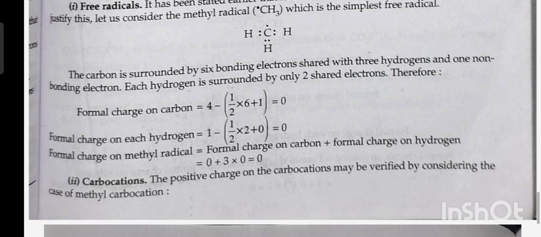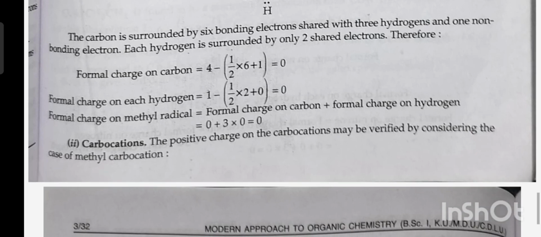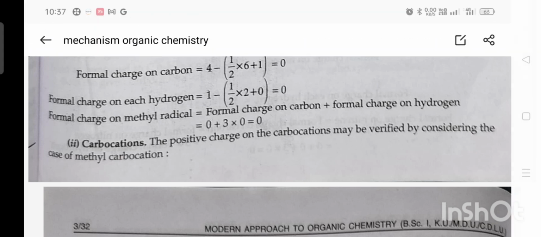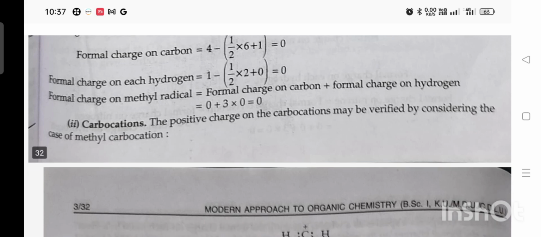Each hydrogen is surrounded by only 2 shared electrons. Therefore, formal charge on carbon: 4 minus 1/2 cross 6 plus 1 is equal to 0. Formal charge on each hydrogen: 1 minus 1/2 into 2 plus 0 is equal to 0. Formal charge on the methyl radical is equal to formal charge on carbon plus 3 cross 0, which is equal to 0.